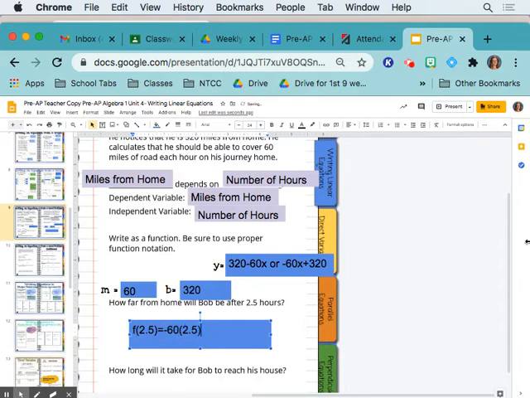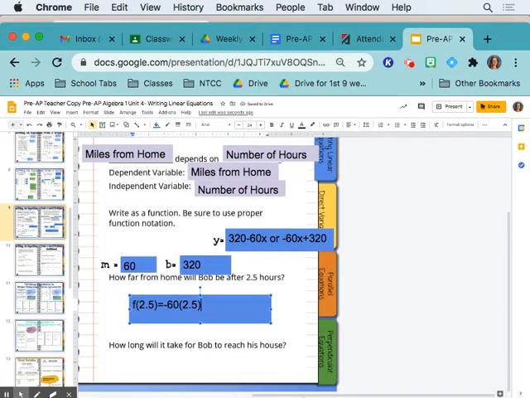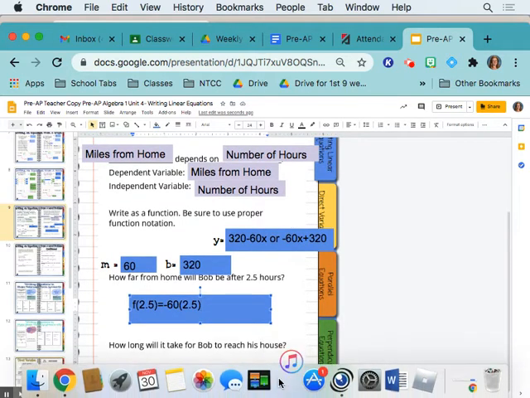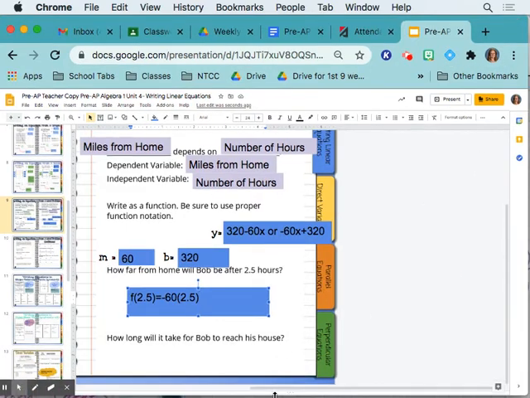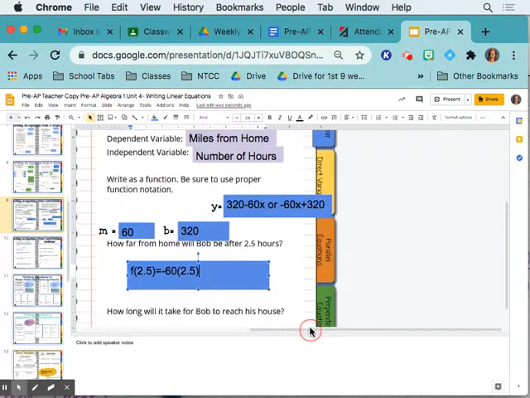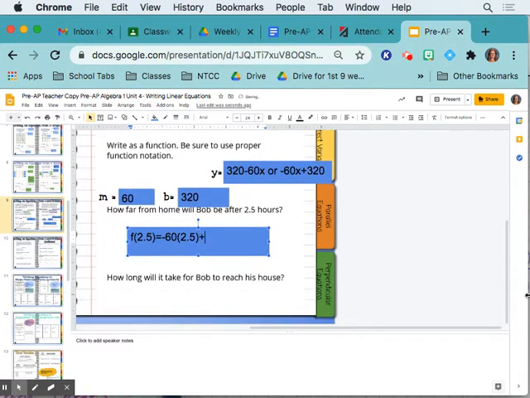Let me move it so y'all can see it. Plus the 320. So negative 60 times 2.5, negative 150. Plus the 320. 170. Okay, so we need to write this in words.